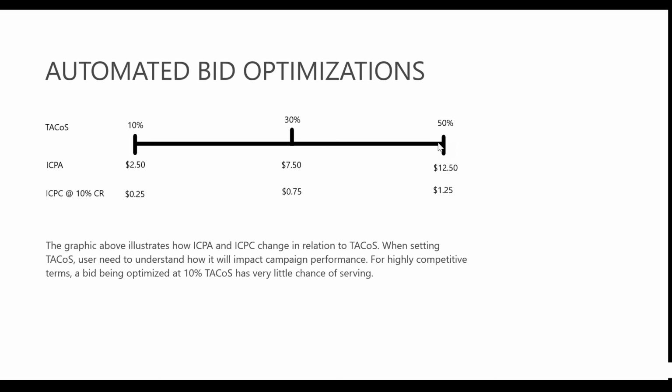So that 25 cents a click, not competitive. You should really think about what you're willing to spend per click. Depending on what category it's in, it can be very competitive. 25 cents is not going to get you a lot of placement. 75 cents is more competitive. You're likely to continue to serve ads. And then for that final example of a 50% target ACoS, you're willing to spend $1.25.